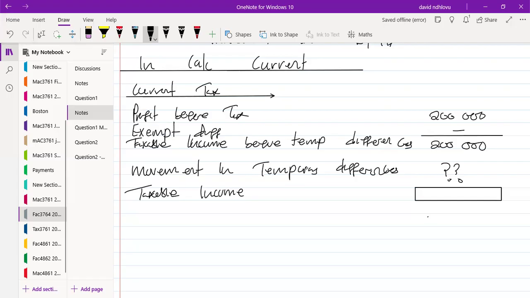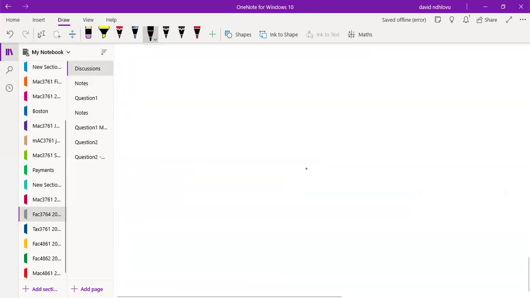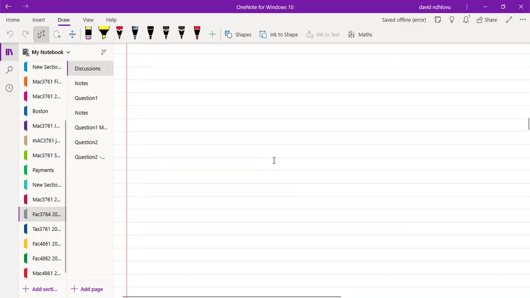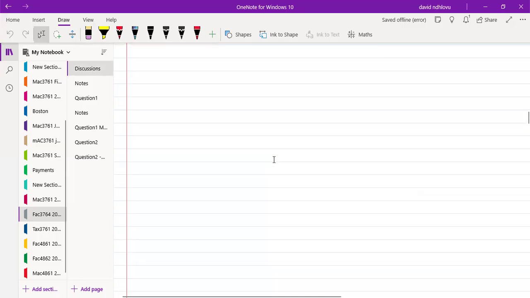So how do we arrive at that calculation of movement in temporary differences? You must understand that what happens in the statement of profit and loss will affect the statement of financial position.